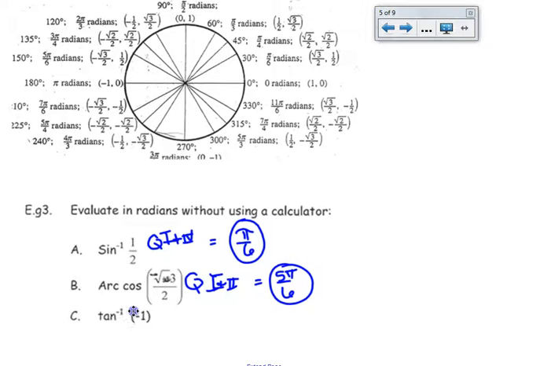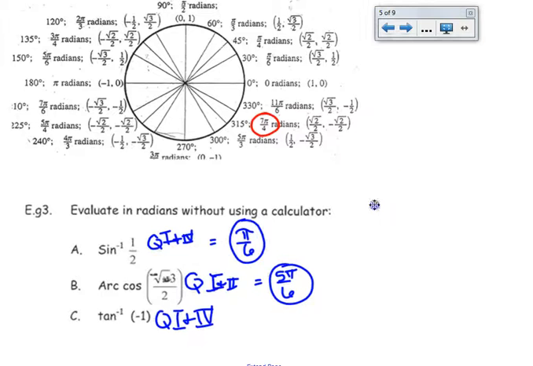And then arc tangent at negative 1. Where is tangent defined? In quadrants 1 and 4. Now, where on the unit circle do you see tangent being negative 1? Remembering that tangent is sine divided by cosine. Yeah, right here.